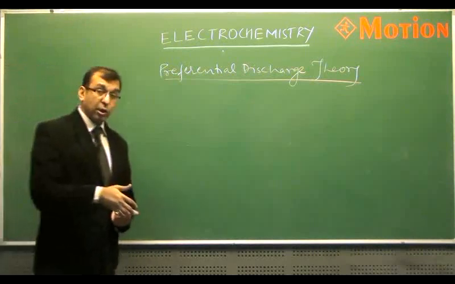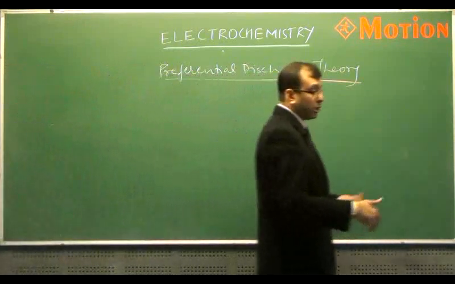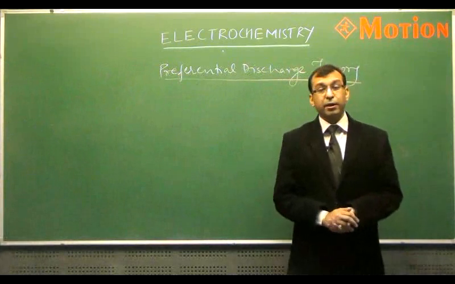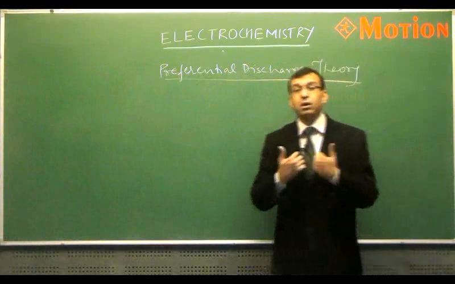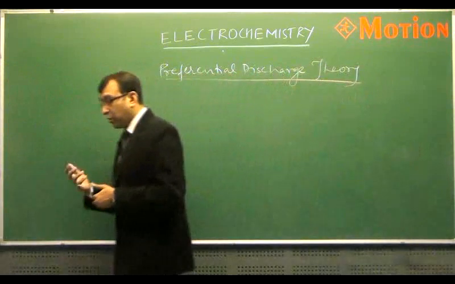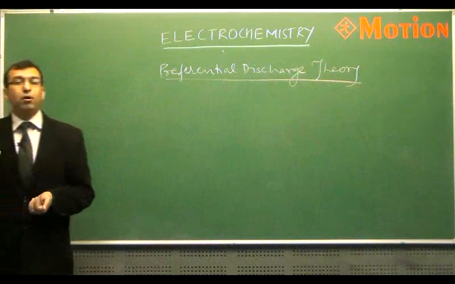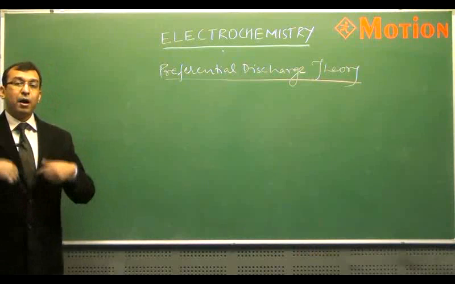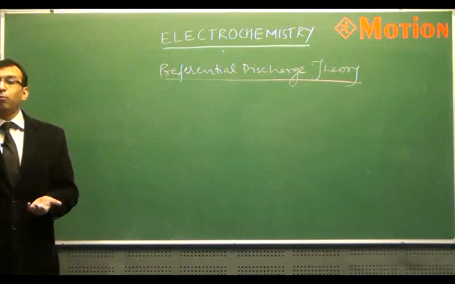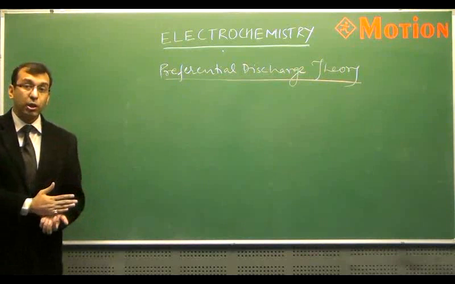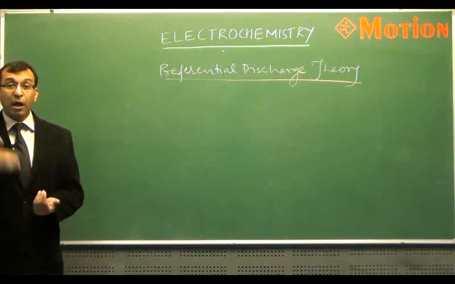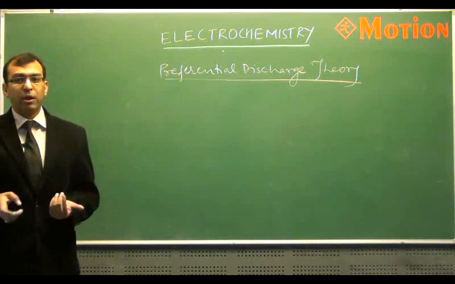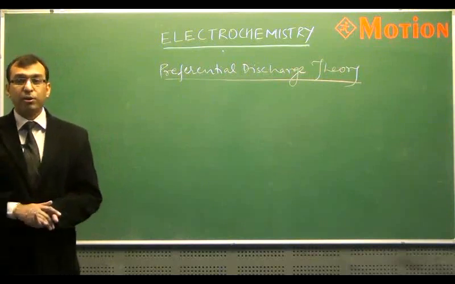Similarly, if electrons are coming out in the electrolytic solution through the cathode and two candidates are there to accept that electron, the species with the higher reduction potential will get that electron. The species having higher oxidation potential will be oxidized first at the anode, and the species having higher reduction potential will be reduced first at the cathode, and the rest have to wait for their turn.